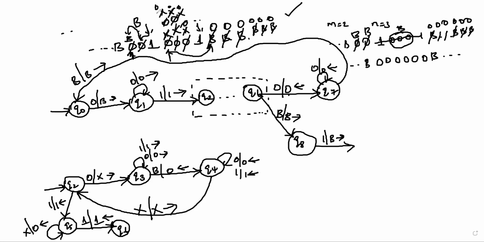Now change all these n side zeros to blank because I don't want that. So I'll take all zeros to blank, move to right. At one situation, we'll reach this one also. Change that one to blank. Stop the process.